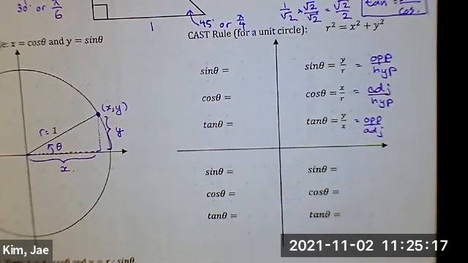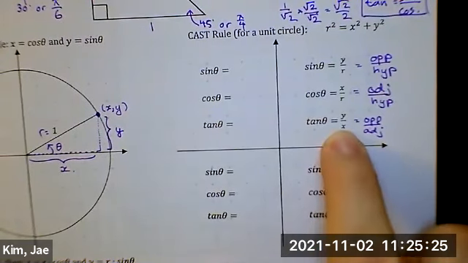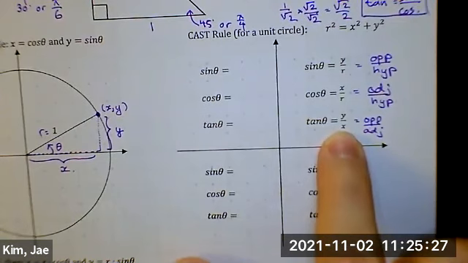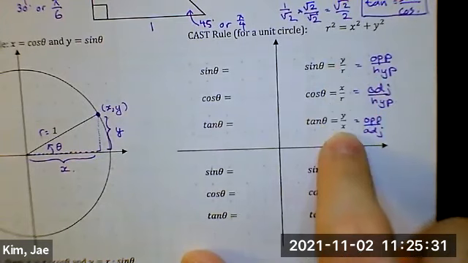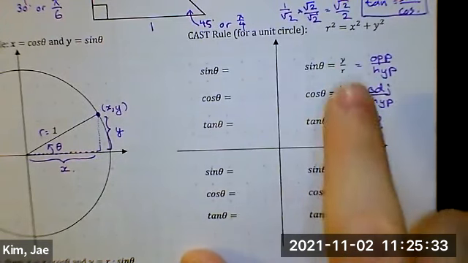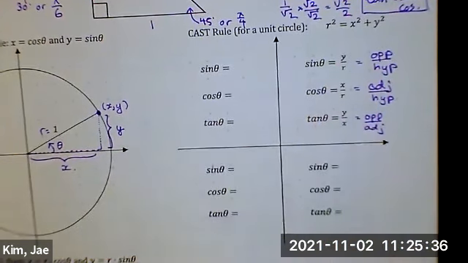Why? It's a rule and some of you might have memorized it, but where did that come from? Take a good long look at the letters here. Adnan? In the quadrant, x is negative. So which of these three use x? Cosine, tangent.